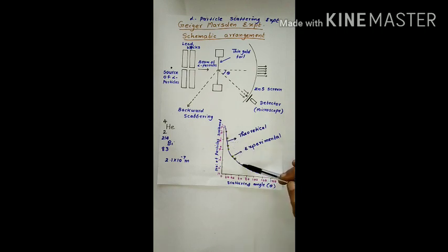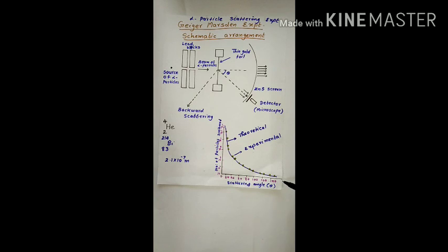You just see the theoretical observation. Then more than 90 degree, about 1 in 8,000 get deflected. So the number of scattered particles decreases, but the scattering angle increases.